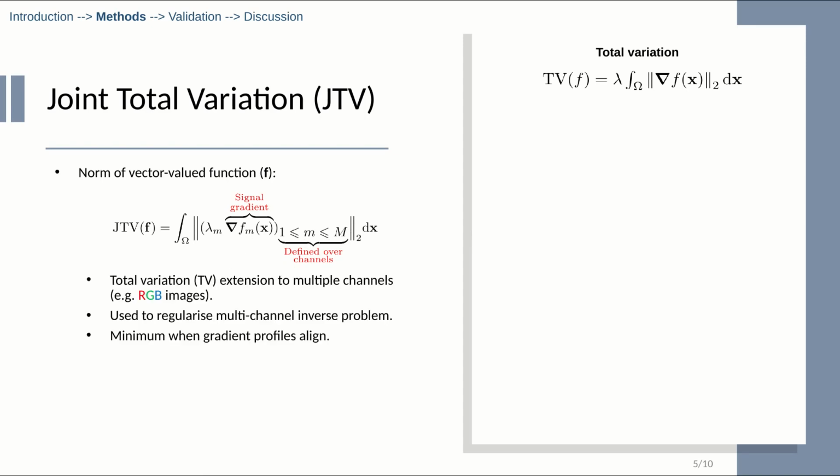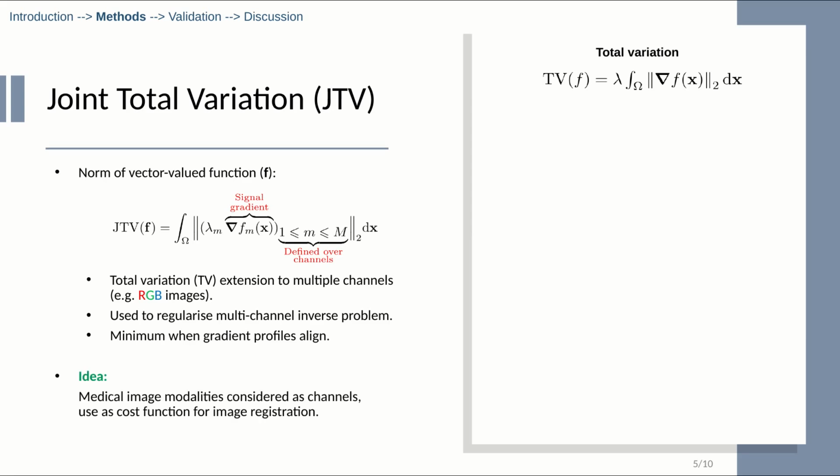This is, as I said, an extension of total variation to multi-channel images, for example RGB, and this norm has been used in inverse problems to regularize multi-channel images, and this will then bias the optimization to find a solution where the gradient profiles align across the images.